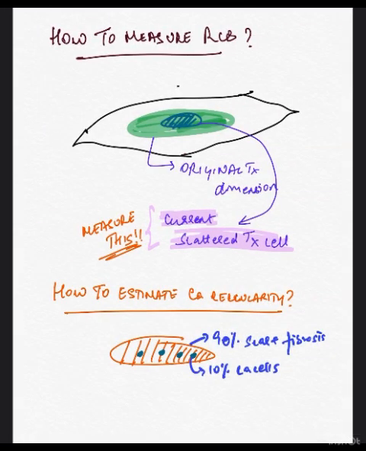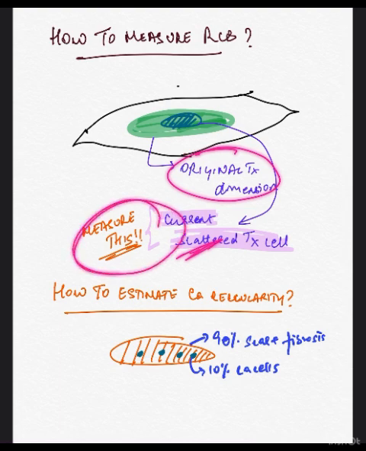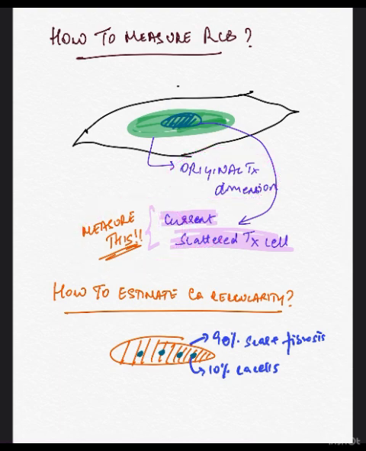Now how do you measure the residual cancer burden? Originally this was the tumor dimension. Currently there are only scattered cells, so this is what we have to measure for determining the residual cancer burden. Now in this particular focus, how do you estimate the cancer cellularity? Say for example, 90% of that tumor bed has only scar and fibrosis and 10% is cancer cells.